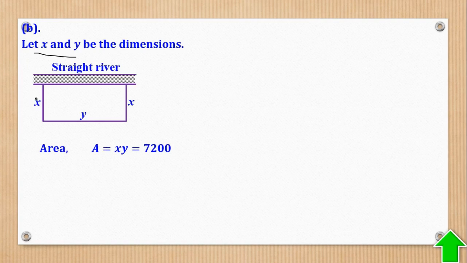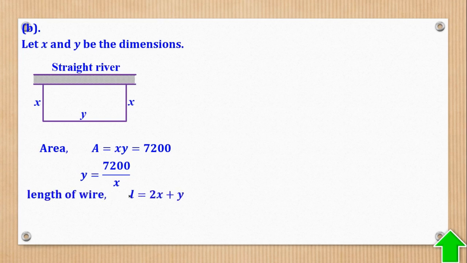So area is xy, length times width, and they've told us it is 7200. Therefore y in terms of x gives you this. Okay, then the length of the wire is this plus this plus this, which gives you 2x plus y. When I substitute for y, I'll come up with that. Then I'll differentiate.